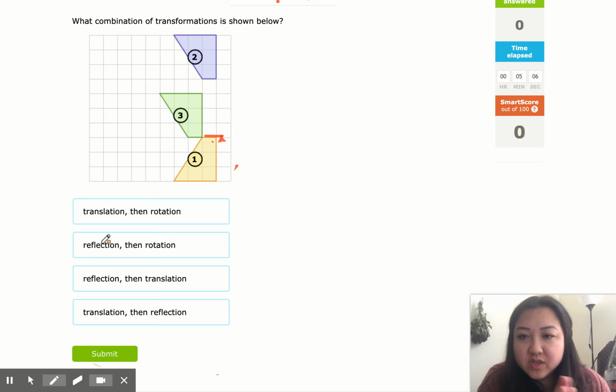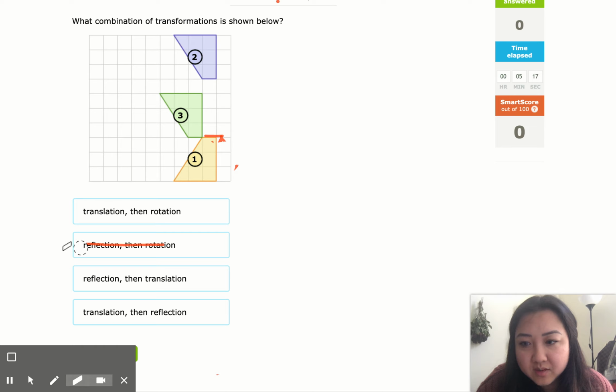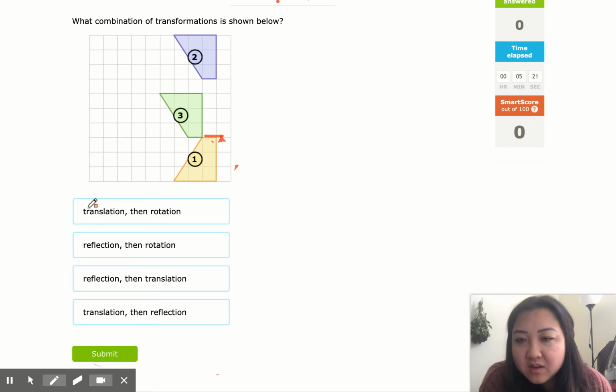Remember, translation is when you just move it. So it's obviously not the same. It's not in that same position. It's kind of flipped. So it can't be translation. It has to be reflection first.